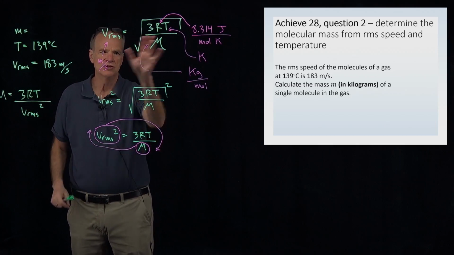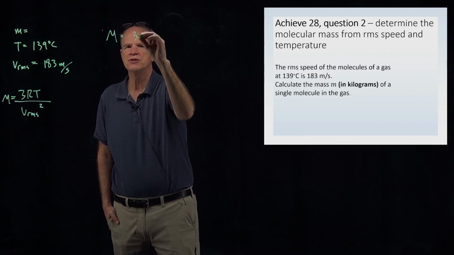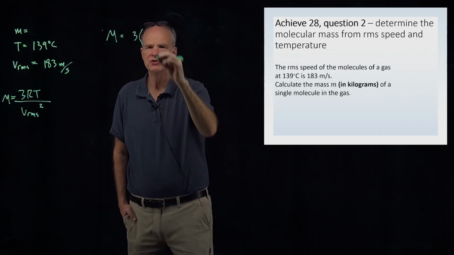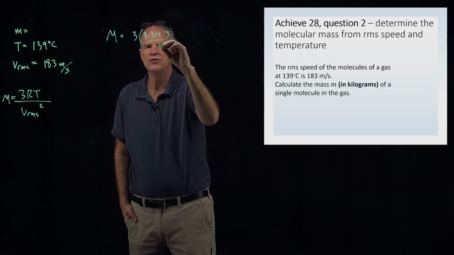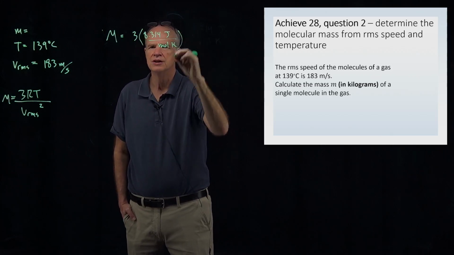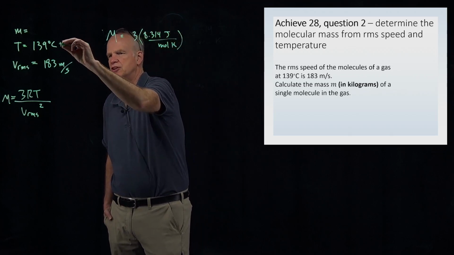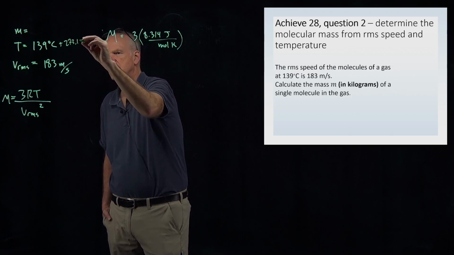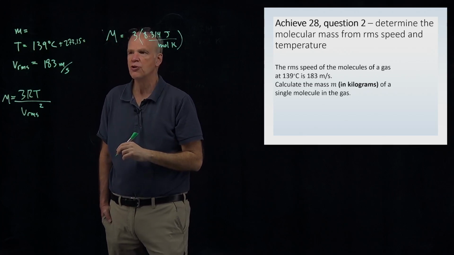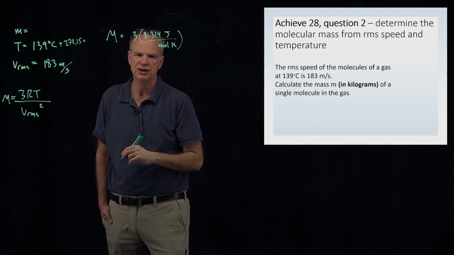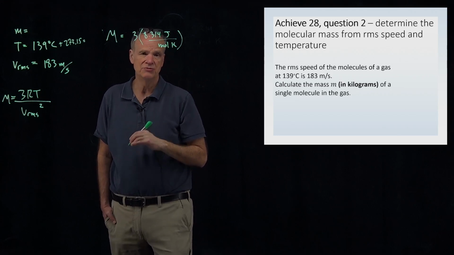Let's figure out the molar mass. It's going to be 3 times the gas constant, 8.314 joules over moles Kelvin, times the temperature in Kelvin. You take the Celsius and add 273.15. When I add these numbers together, I got 412.15 Kelvin, but what the book does is round off intermediate calculations, so I'm going to do it the way the book does.